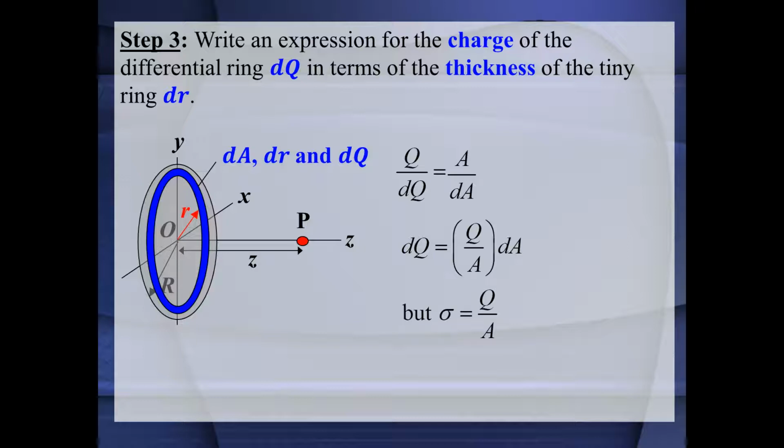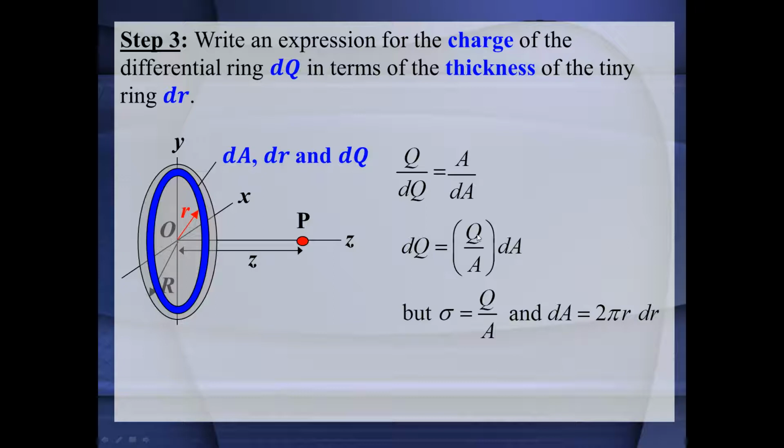Q divided by A is defined as my surface charge density. Also, just recalling from the previous slide, dA is 2 pi r times dr. So that equation dA, that's the circumference of the ring multiplied by its thickness. So we'll do two substitutions.